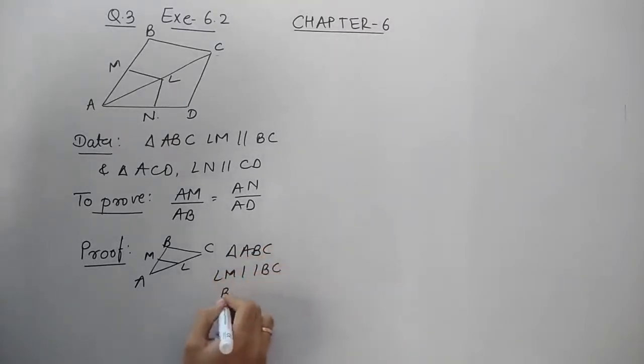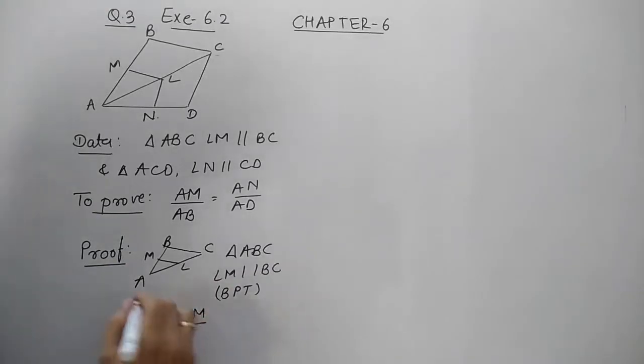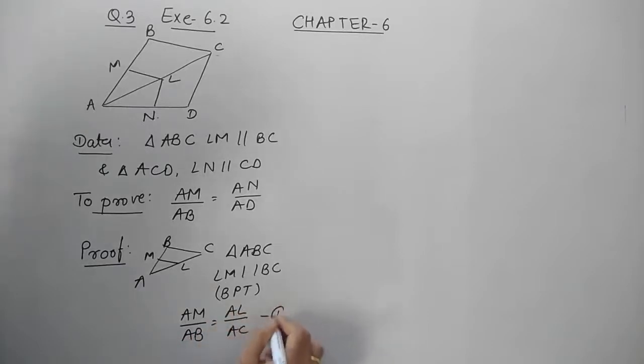So by using the basic proportionality theorem, we come to the conclusion that AM upon AB is equal to AL upon AC. I'll give this as equation number 1. I have written this from the basic proportionality theorem, that is 6.1.